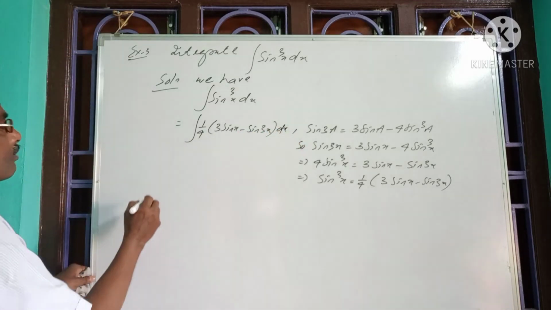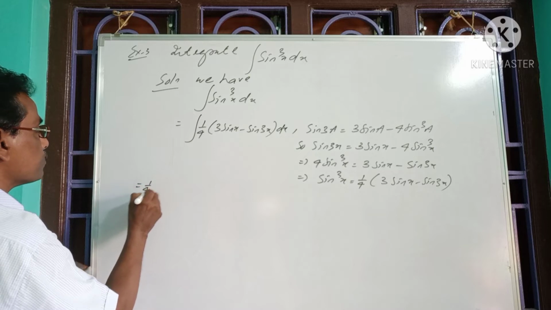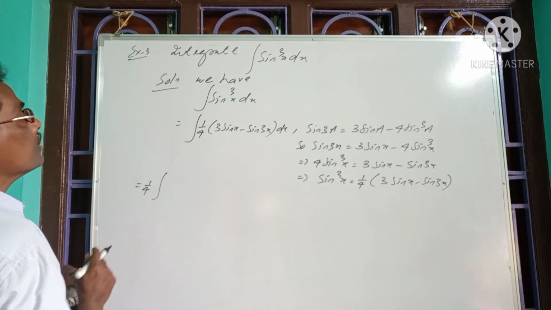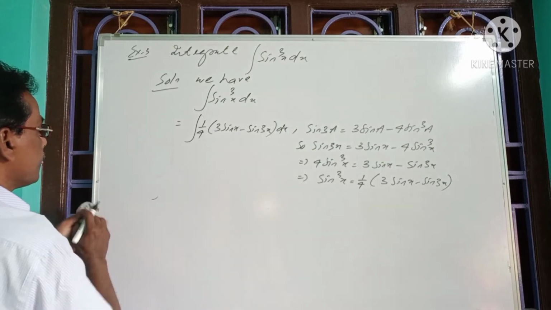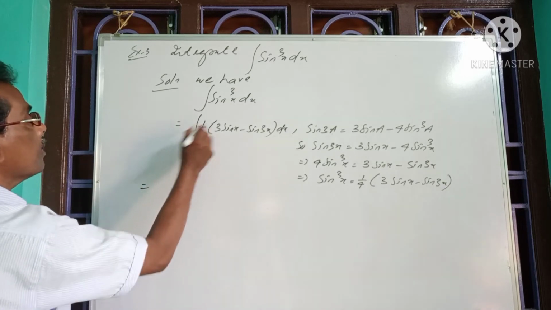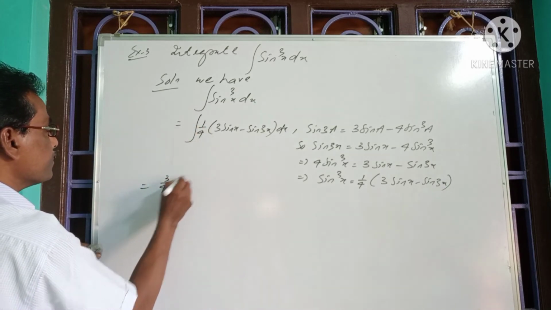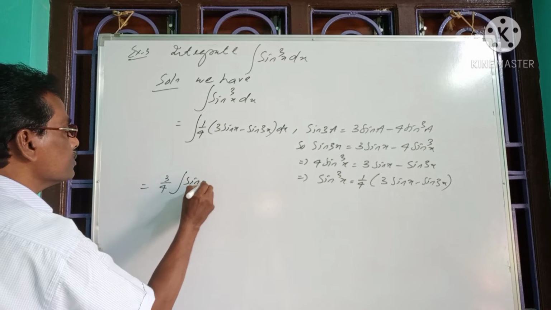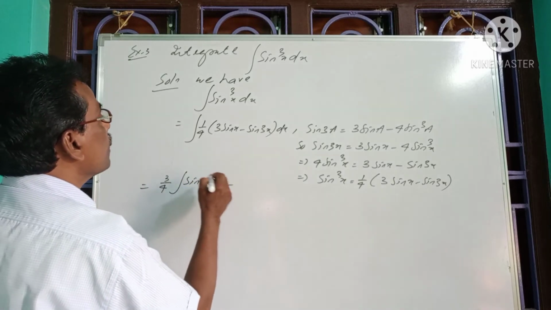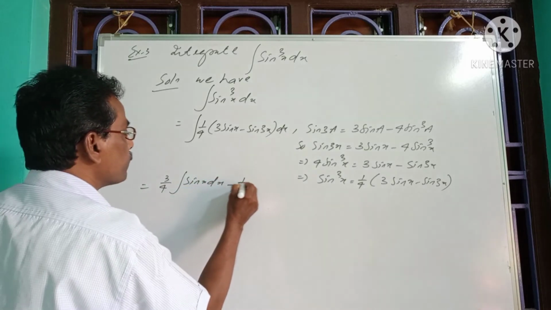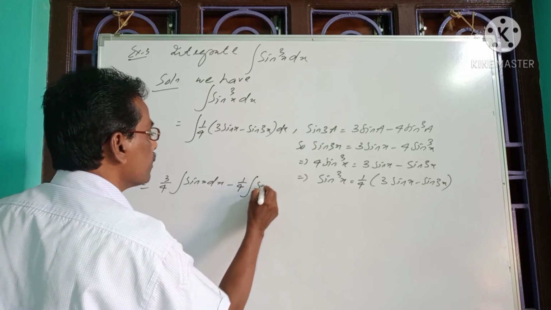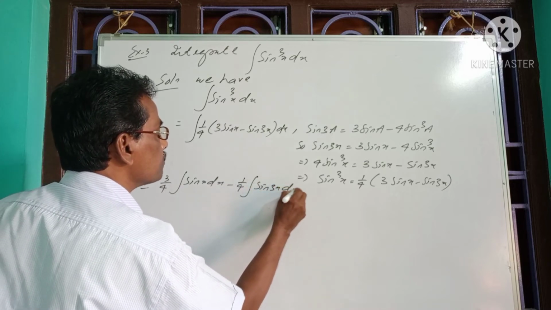Now taking 1 by 4 out of the integral, we have 3 by 4 into integration of sin x with respect to x minus 1 by 4 into integration of sin 3x with respect to x.